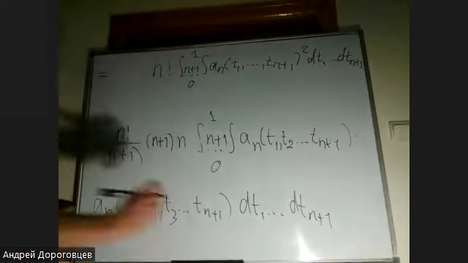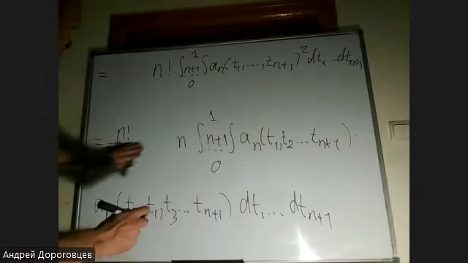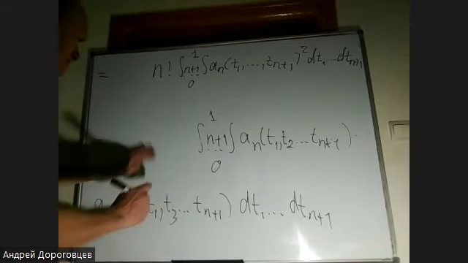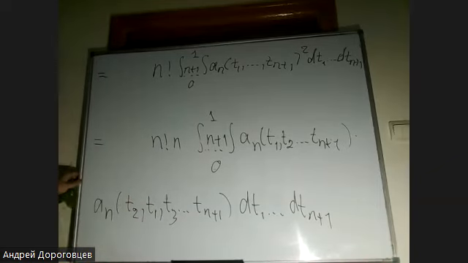It seems that after we cancel the denominator here, we have to get the desired formula for our representation.